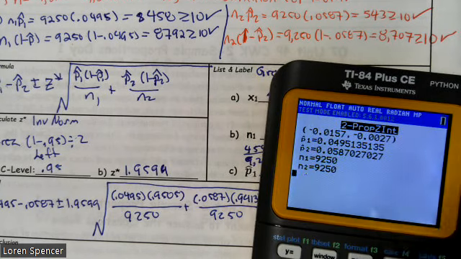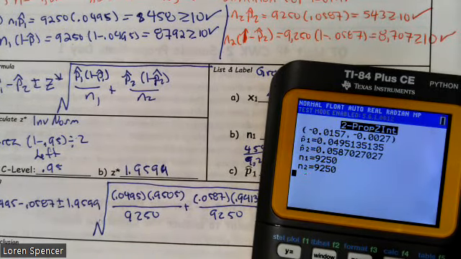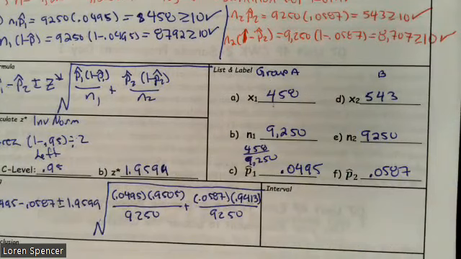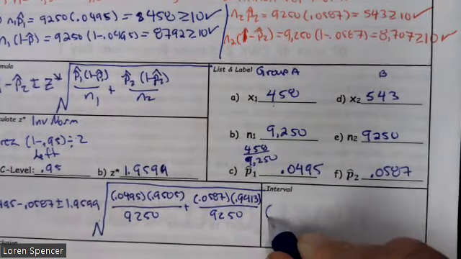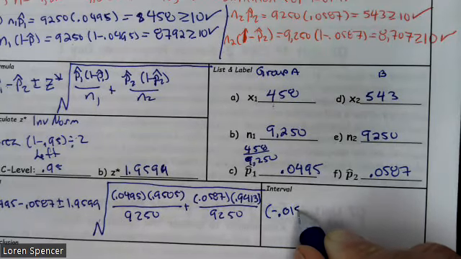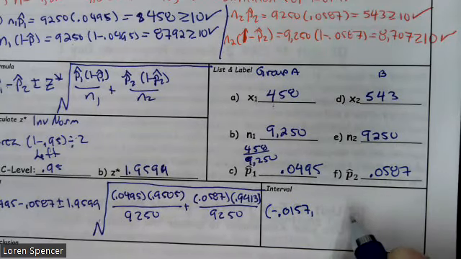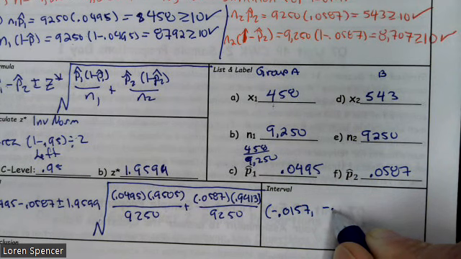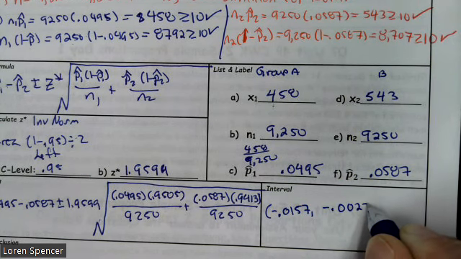When we calculate, we end up getting negative 0.0157 to negative 0.0027.